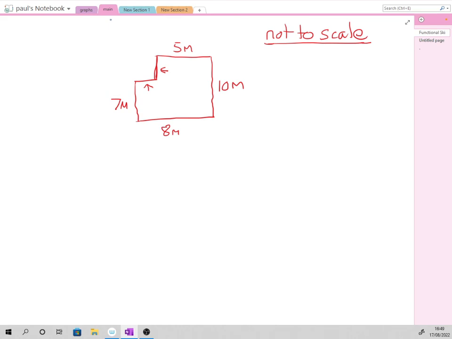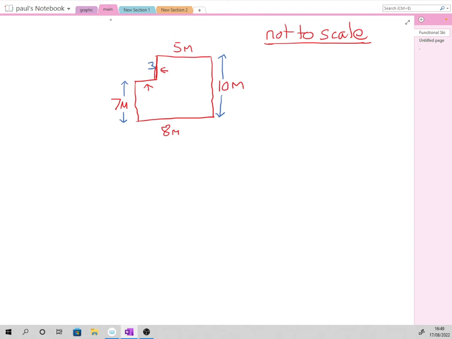See this left-hand side? From there to there is 7. And on the right hand side, from the top to the bottom is 10. So if that's 10 all the way from top to bottom and this bit's 7, this bit must be the difference between those two numbers.